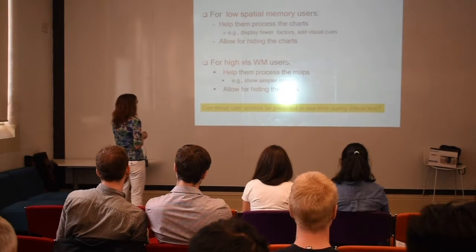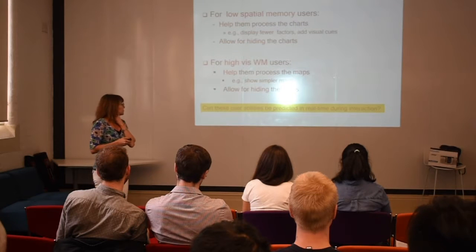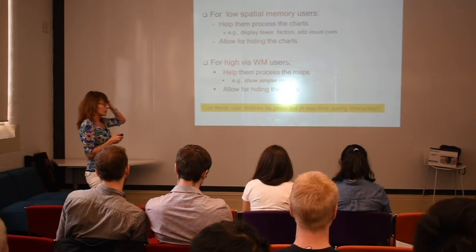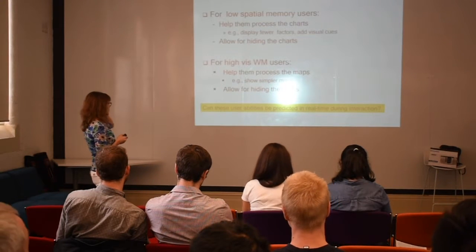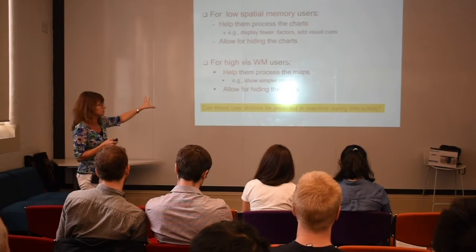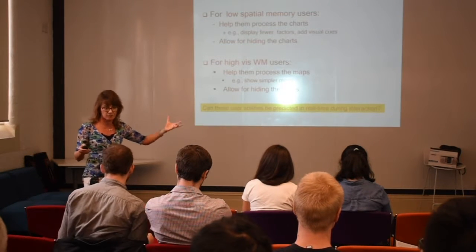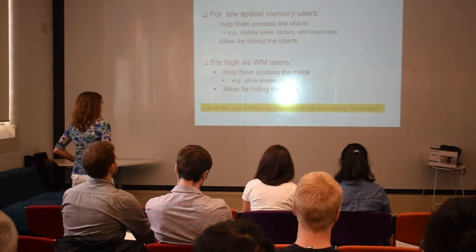Now, before we talk a little bit more about how to deliver these interventions, we want to still see if it's possible to predict these abilities in real time, because that's the other third step that we always need to look for.